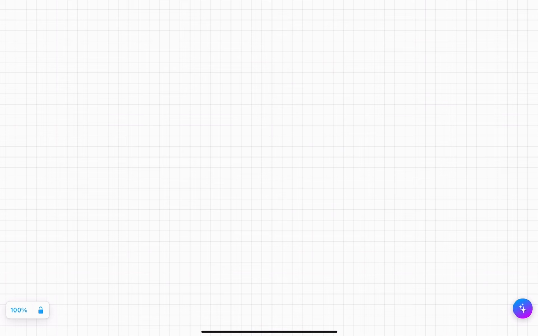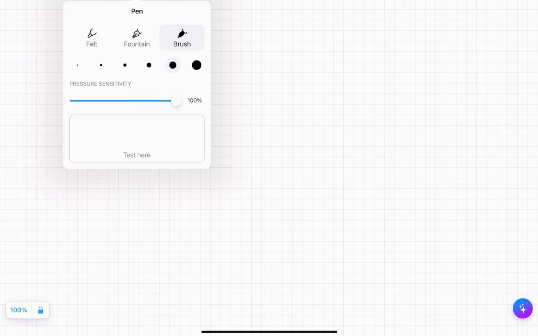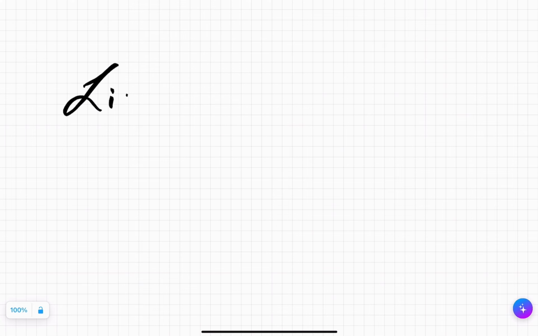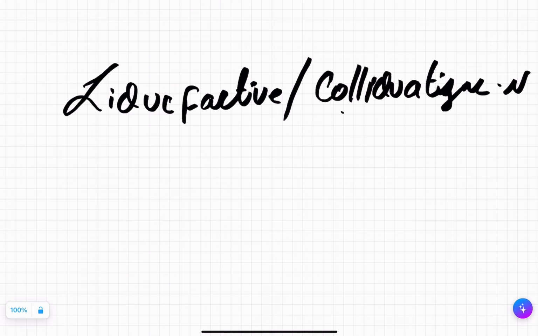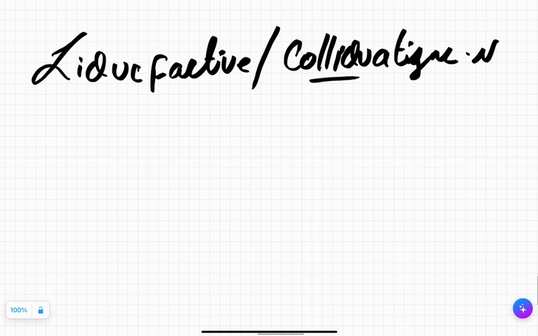So the next topic is our liquefactive necrosis. Liquid, always remember, liquefactive.